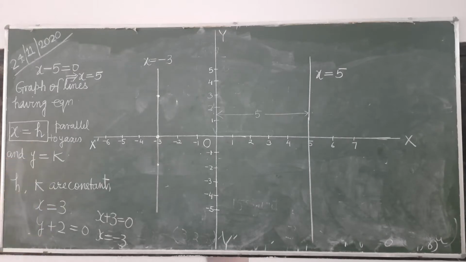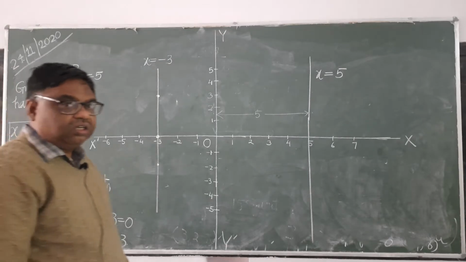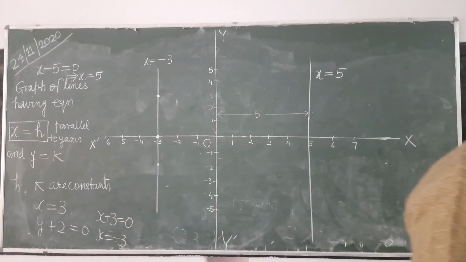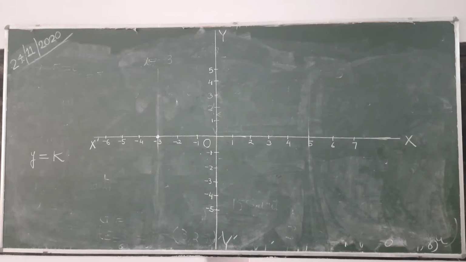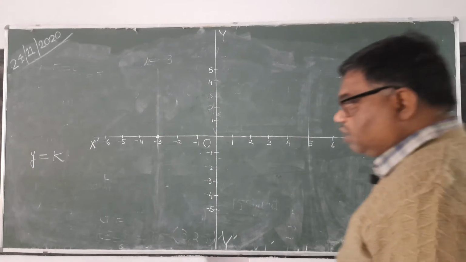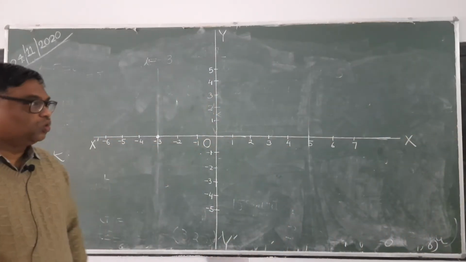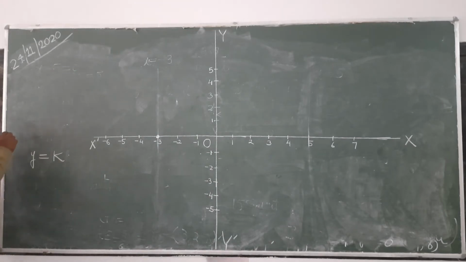Have you noted this? If you have not noted, then note it down. Now if the equation is like y equals k, then it will be parallel to which axis?